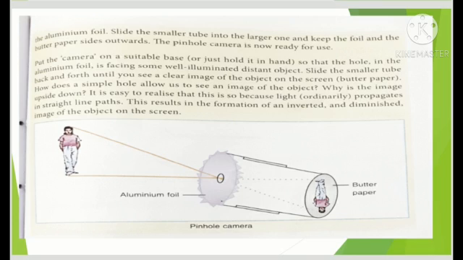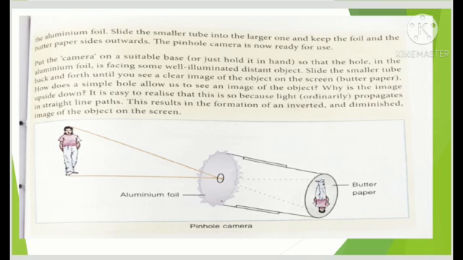Use rubber bands, etc. if needed to hold the butter paper and aluminium foil in their respective places. With the help of a pin or a sharp needle, make a clean hole in the center of the aluminium foil. Slide the smaller tube into the larger one and keep the foil and the butter paper slides outward. The pinhole camera is now ready for use.